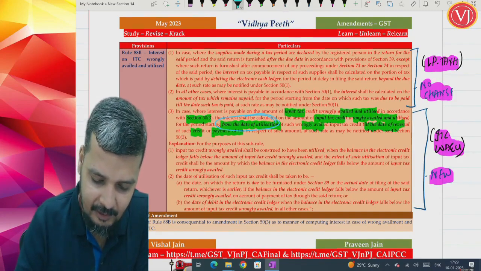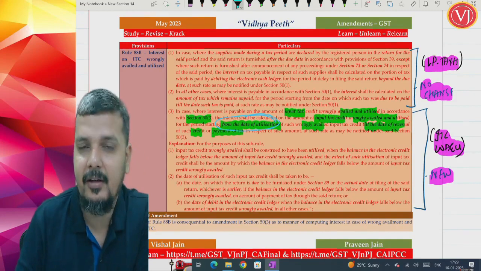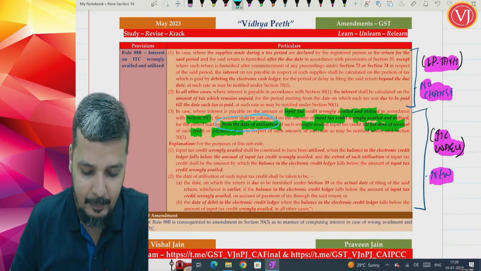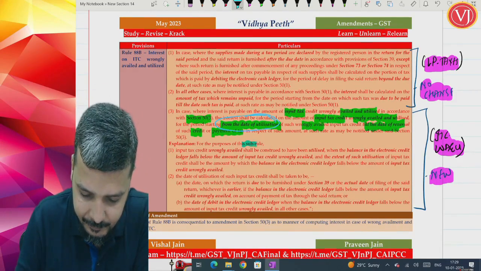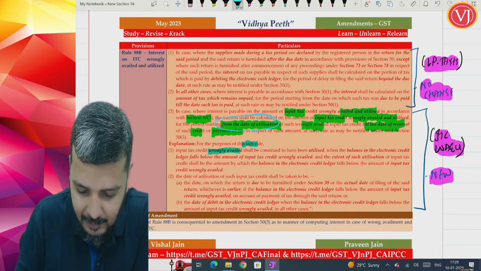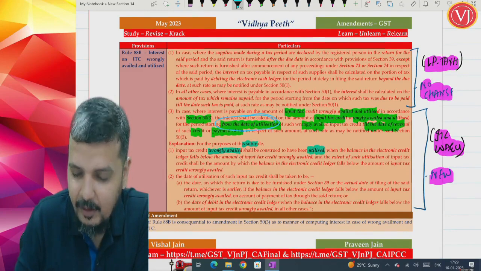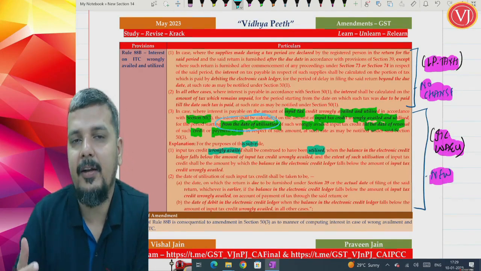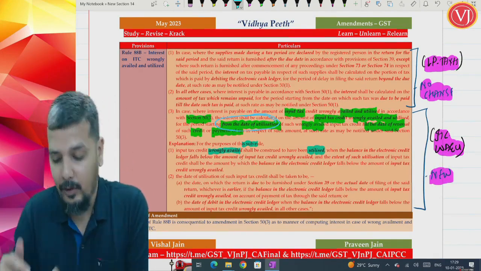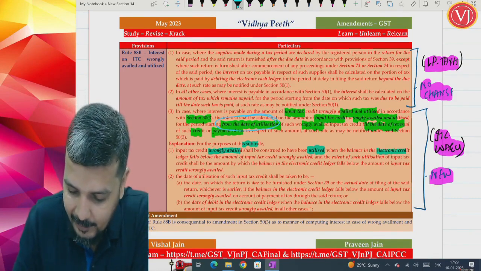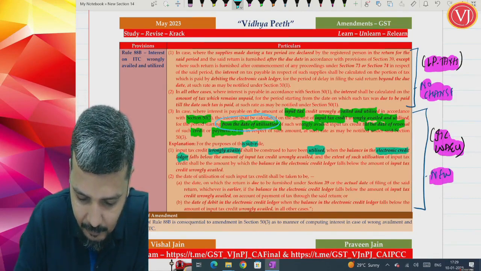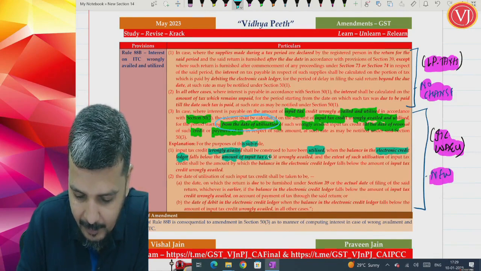Now there is an explanation for the purpose of this sub rule, that is rule 88B sub rule 3. Input tax credit wrongly availed shall be construed to have been utilized when the balance in electronic credit ledger falls below the amount of input tax credit wrongly availed.